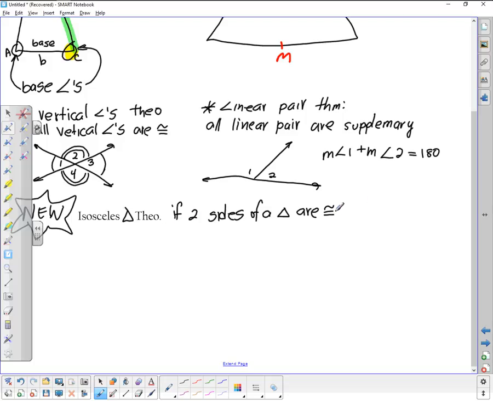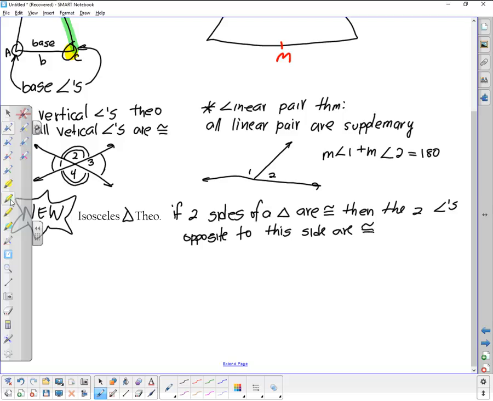If two sides of a triangle are congruent, then the two angles opposite to the sides are congruent.